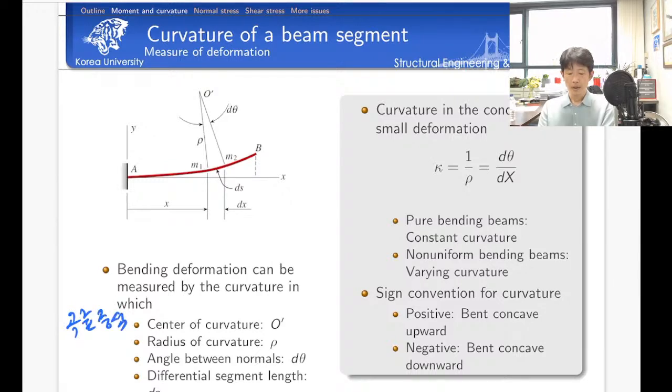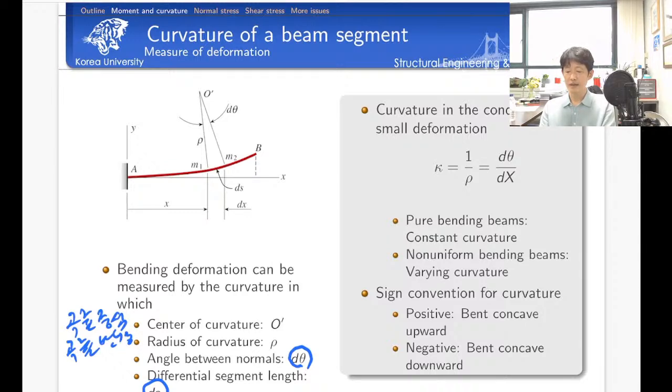And then from the center of curvature to the point of the beam, we have a radius of curvature, 곡률 반경. And here the angle between normals, we can measure by d theta, and the differential segment length is measured by ds.